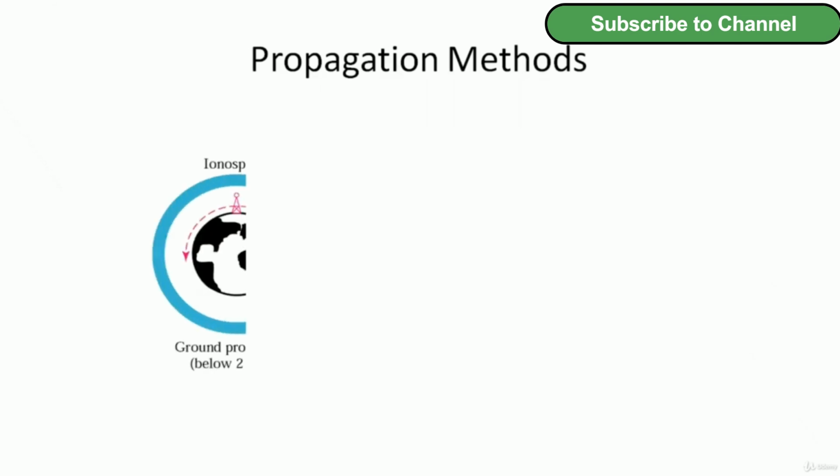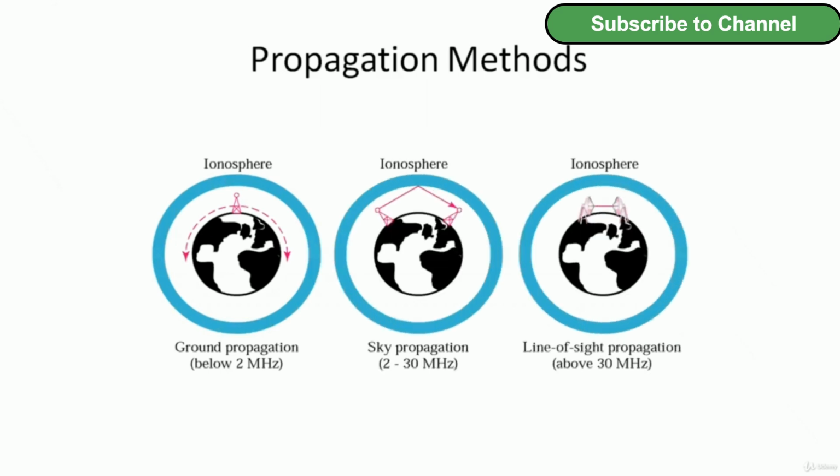So you can see here, the first one is the ground wave propagation, second is the sky wave propagation, and third one is the line of sight propagation. So ground wave propagation is around the earth, below 2 megahertz, you can see over here, the signal transmission takes place.